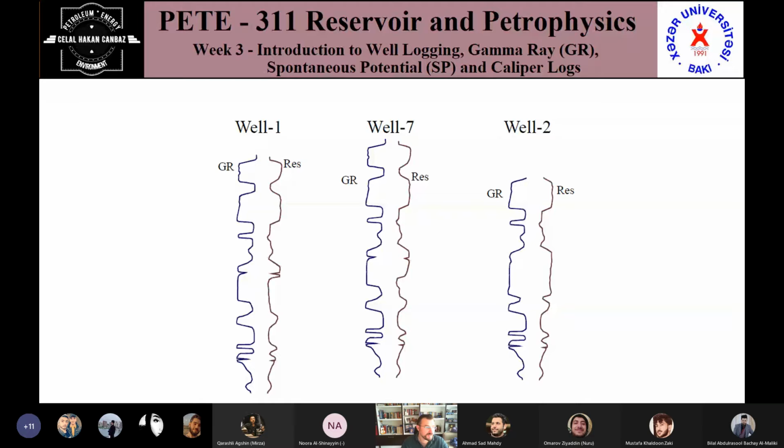Okay, for example, I remember that the Rumeila field in Basra had more than 1,500 wells. So when you run logs in these 1,500 wells, you directly get the lithological behavior of your whole field. The whole field behavior comes to you. You map your field according to your intervals and depths, right?